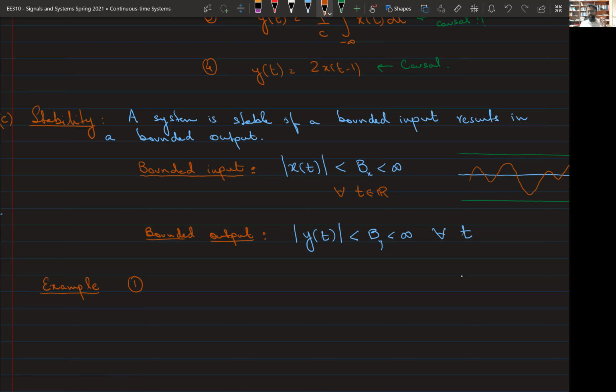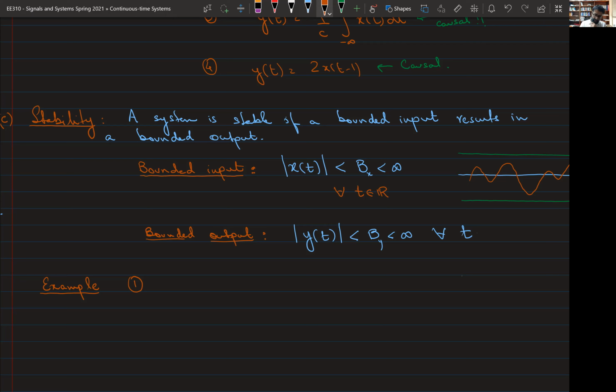Zan said that if the input is bounded, his intuition was trying to predict what kind of system would result in a bounded output or an unbounded output. Is that right, Zan? I mean, that's what you said, that how can an unbounded output come from a bounded input? Yes, sir. Right.